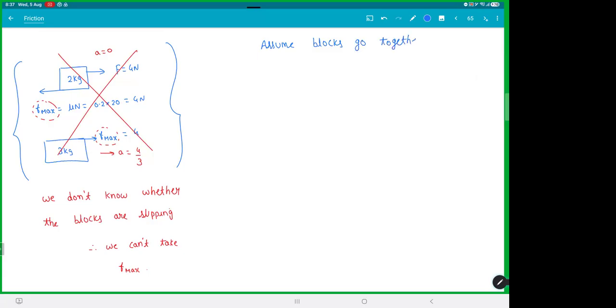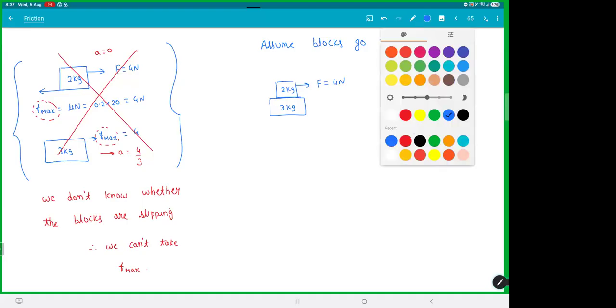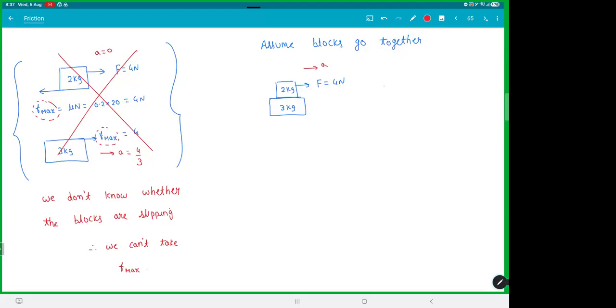Assume the blocks go together. Now, if you're assuming both are going together, 3 kg, 2 kg, acceleration A is equal to 4/5. Perfect. Then take any one block. I will take the 2 kg block.